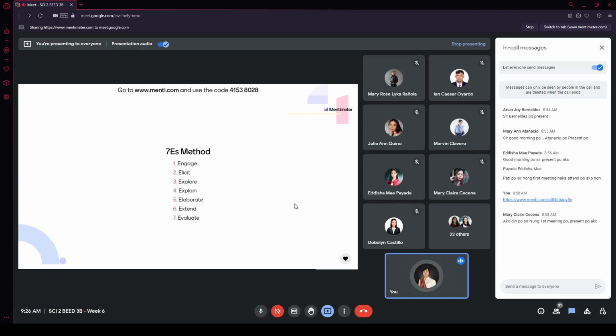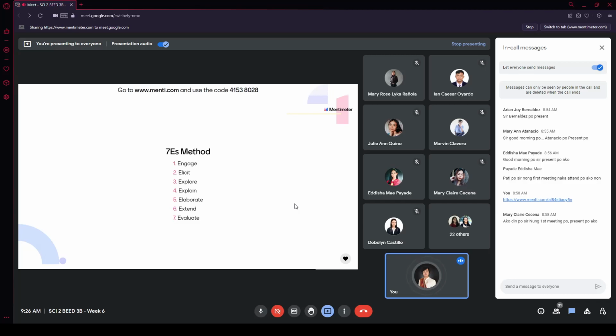I guess this is a guide for teachers on what we should do specifically, right? Because that's one of the problems in doing the methods. When it comes to the methods themselves, some of them are not entirely explicit.